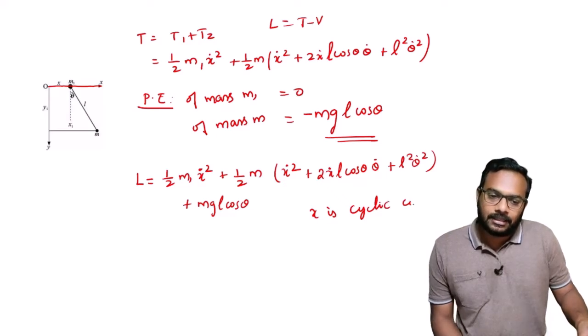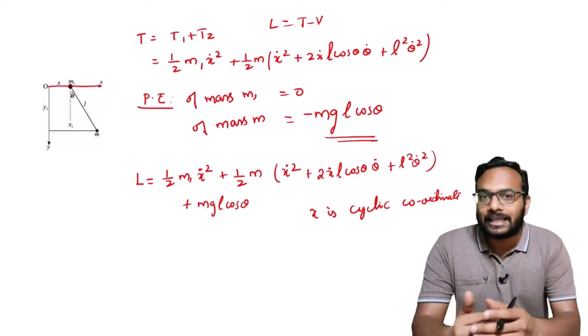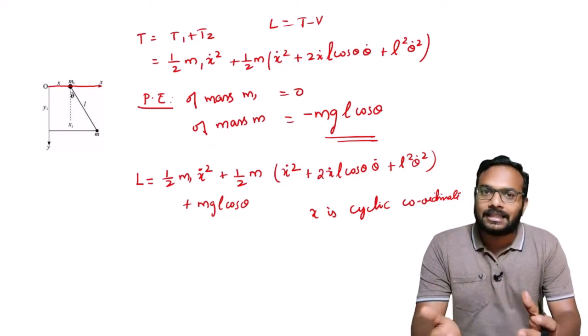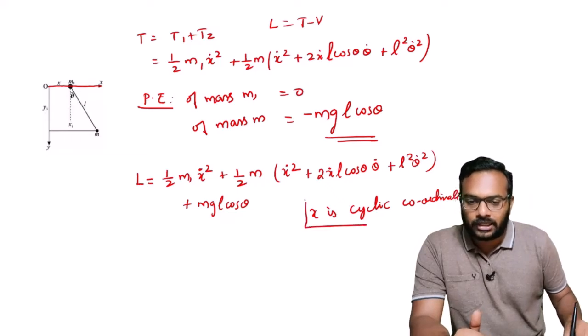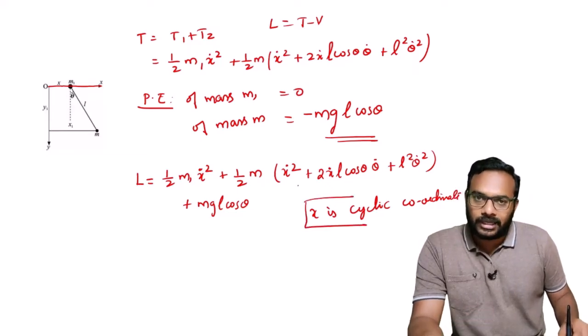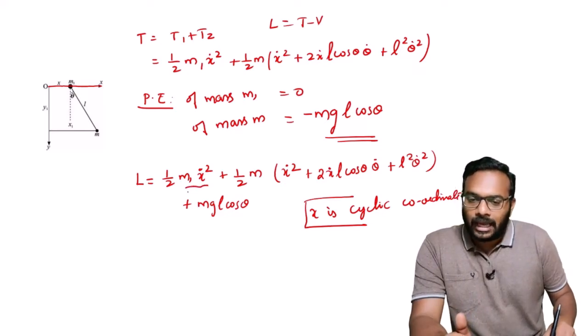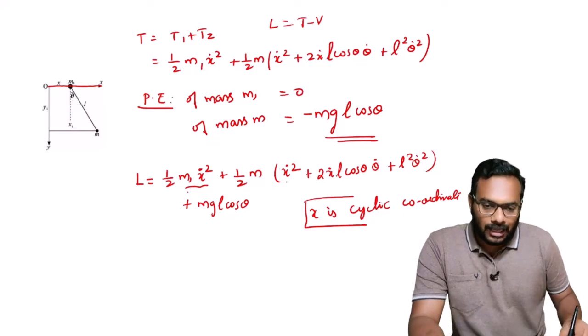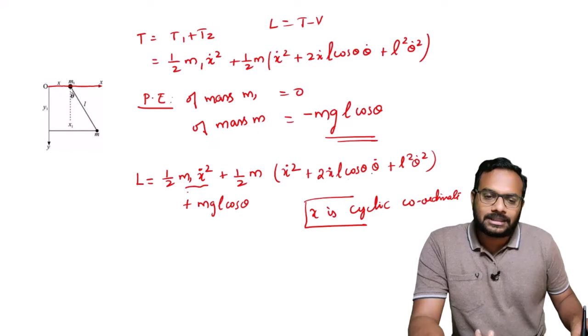We can also say that the Lagrangian is cyclic in x. X does not feature, so the Lagrangian is independent of x. So ∂L/∂x is 0. We only have to find ∂L/∂ẋ, which should be m1 ẋ, and m ẋ from here, and mL cos θ θ̇ from here.